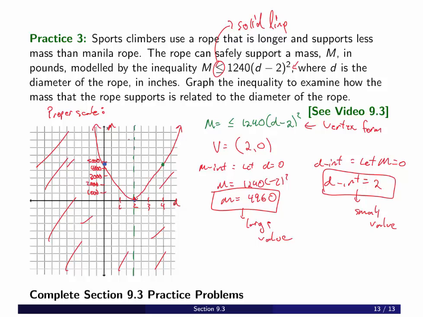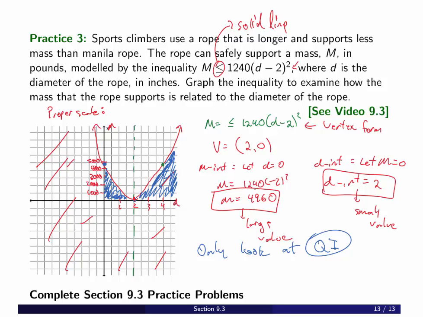But we are dealing with real values here, right? Real measurements for diameter, real measurements for mass. So really, we only care about quadrant 1. So really what we're looking at is this right here and this right here. Okay, so that's basically it.